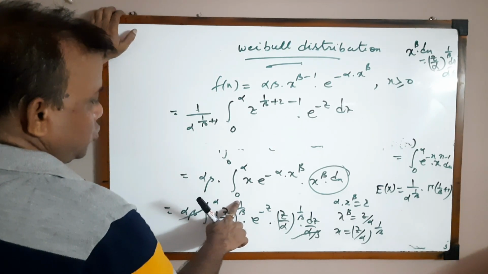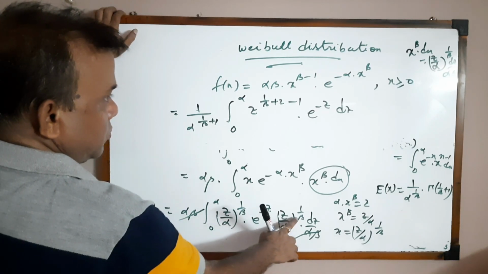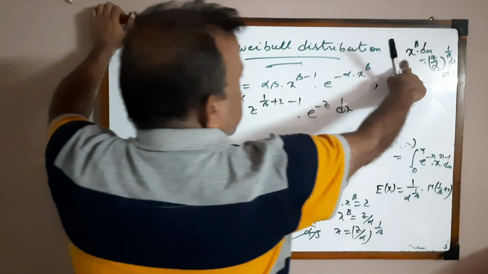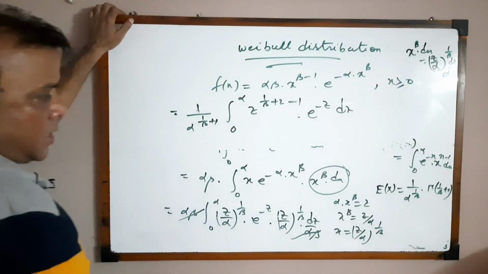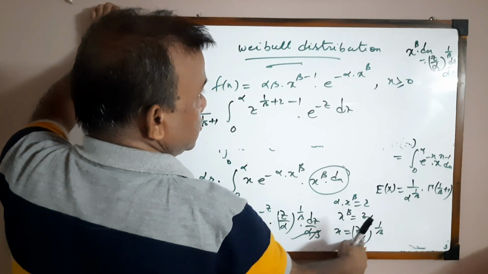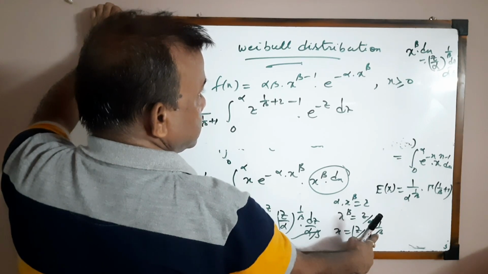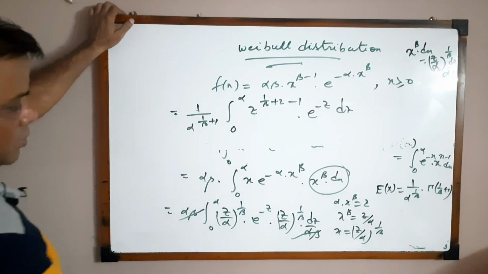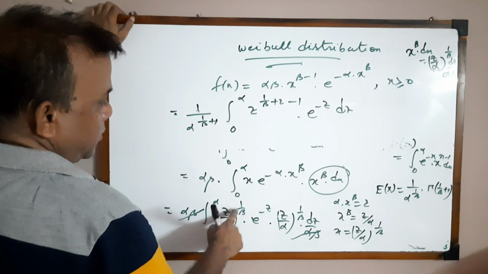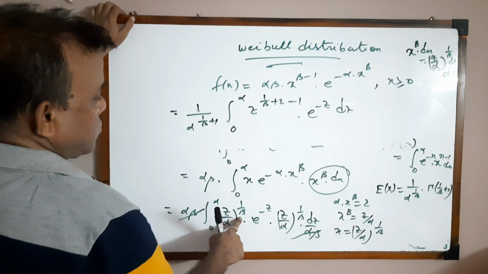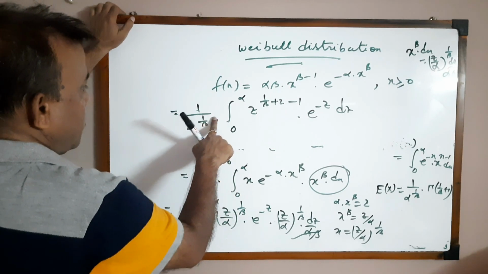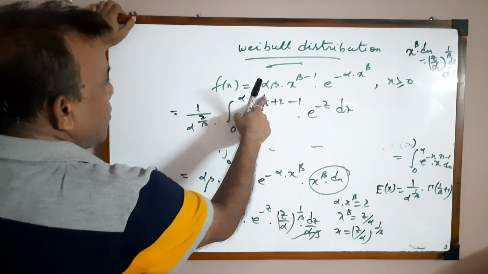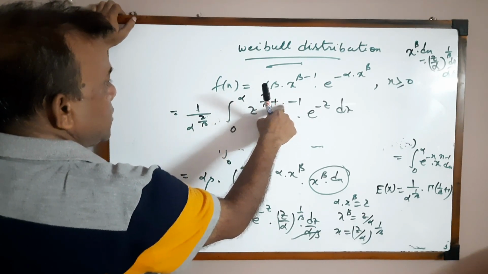z by alpha whole to the power beta into z by alpha whole to the power beta. x to the power beta dx means this one, and x equal to z by alpha whole to the power 1 by beta also. Therefore, it will be z by alpha whole to the power 2 by beta, giving gamma 2 by beta plus 1.